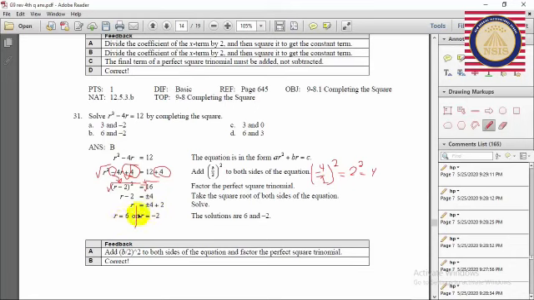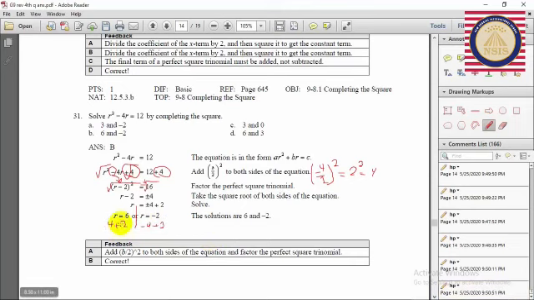So 4 plus 2 is 6. And negative 4 plus 2 is what? Negative 4 plus 2 is negative 2. Okay? Very good.